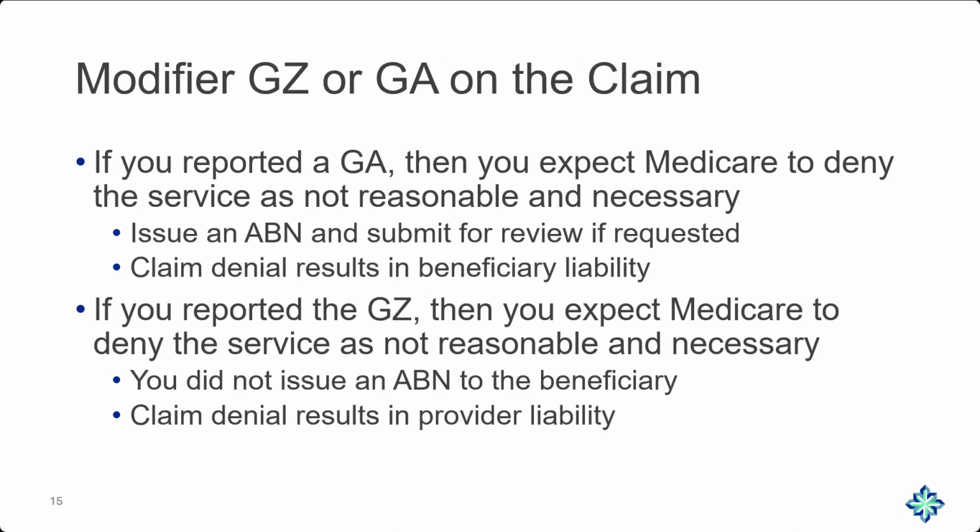If you expect Medicare to deny the lipid panel as not medically reasonable and necessary, and you didn't issue your patient an ABN, meaning the patient or beneficiary didn't know they would be financially liable if Medicare doesn't pay, then you would need to append the GV modifier to the claim. That way, if the claim does deny, you as the provider are liable.